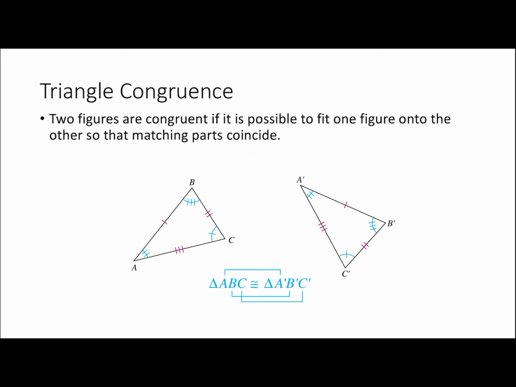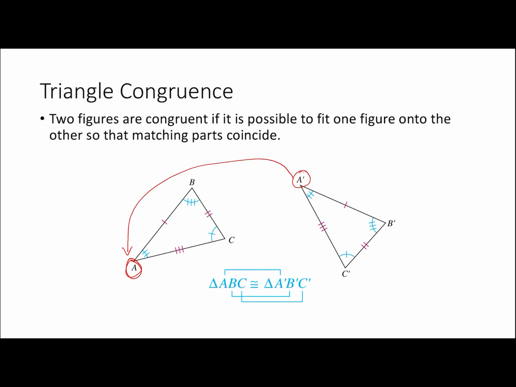So, let's talk about triangle congruence. We would say that two triangles are congruent if all of their angle measurements and all their side lengths are congruent. You can see the statement there on the screen. Two figures are congruent if it's possible to fit one figure onto the other so that matching parts coincide.